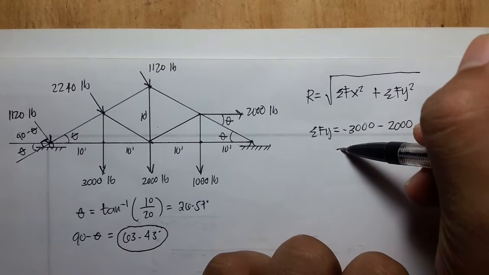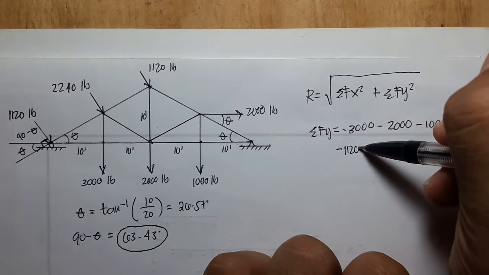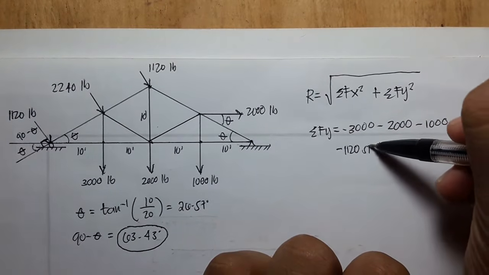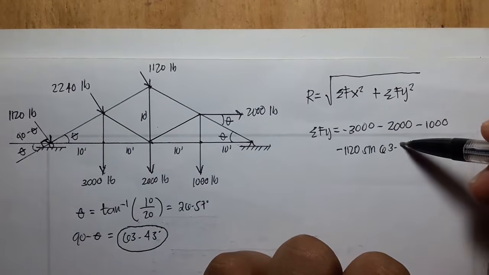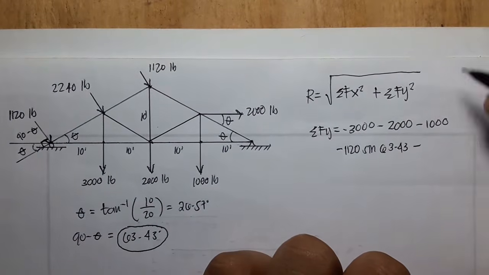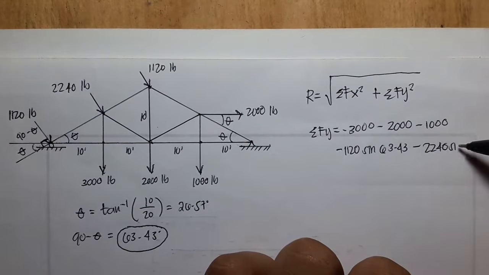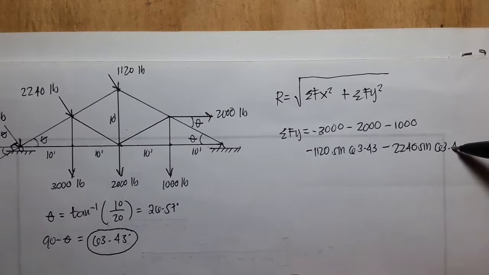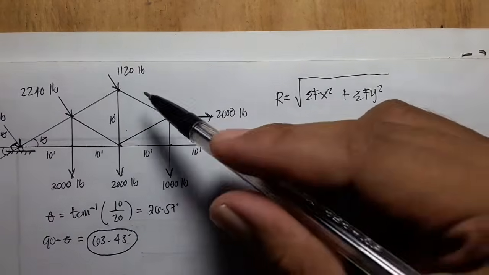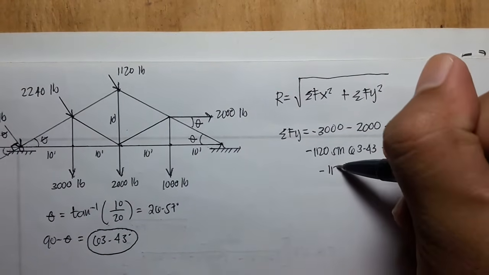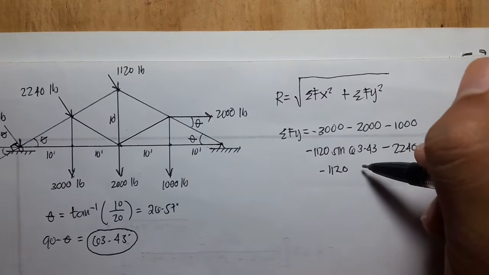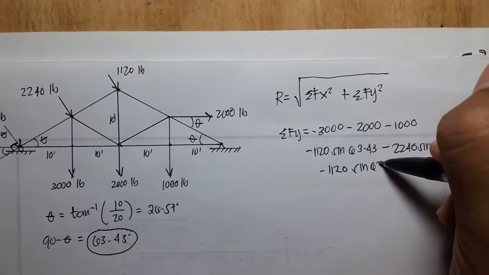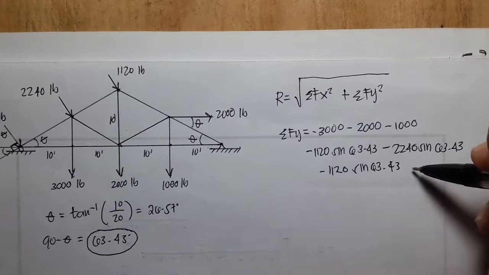So minus 1120 sine of 63.43 minus 2240 sine 63.43. Then last is 1120 sine of 63.43.